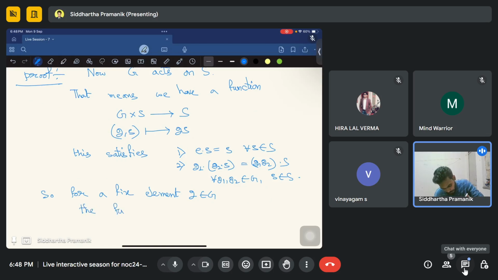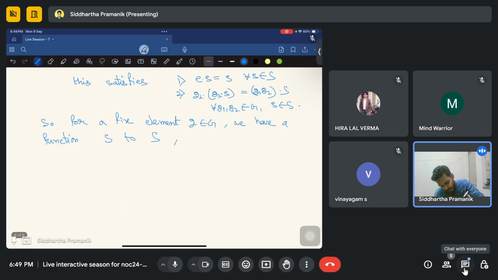We have a function from S to S. How is it defined? Where s is sent to g·s.